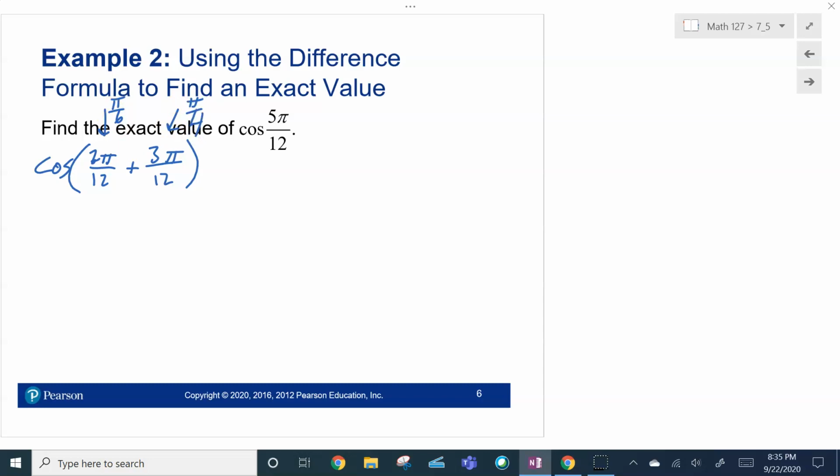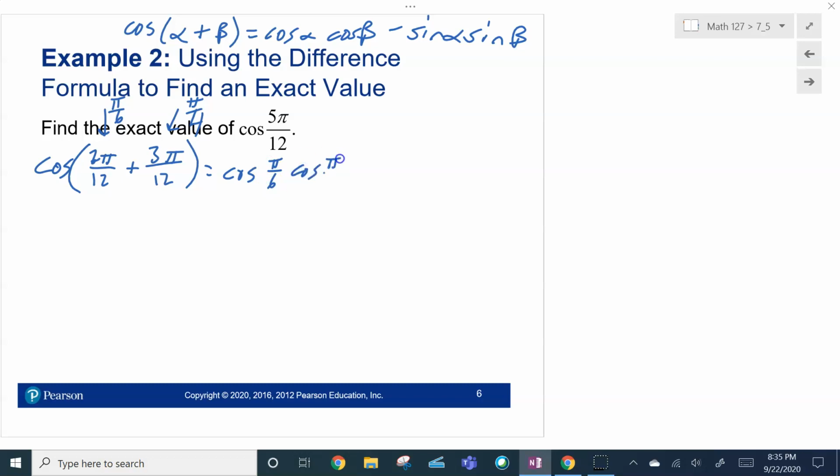And then we're just using that same formula. We're going cosine alpha plus beta. Cosine alpha, cosine beta, minus sine alpha, sine beta. And that's what we're going to do. So this is cosine 2 pi 12, so pi 6, cosine 3 pi 12, or pi 4, minus sine pi 6, and then sine pi 4.